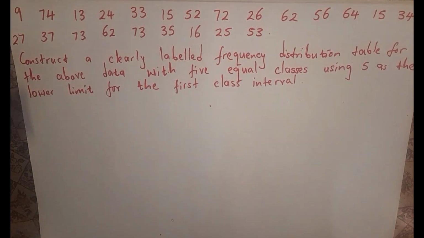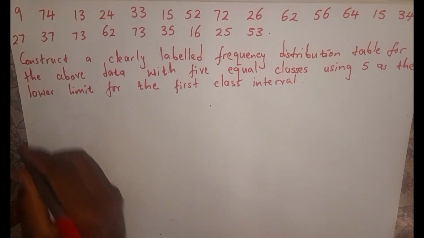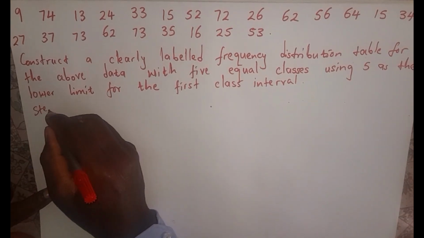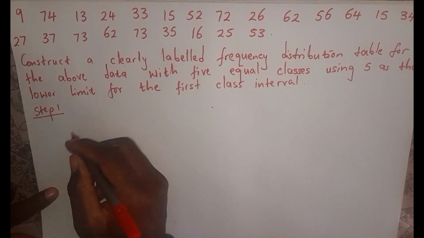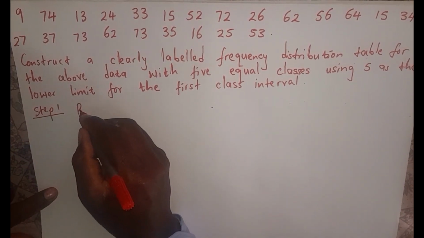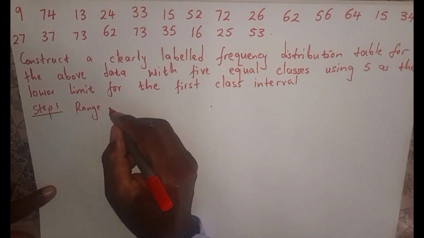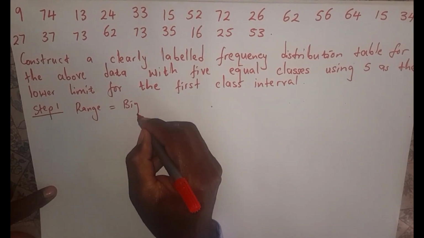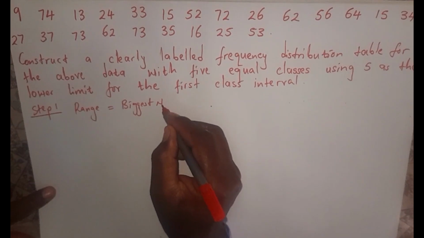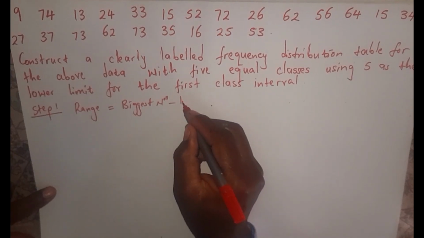Our first step, step 1, is calculating the range, where the range is equal to the biggest number minus the lowest number.